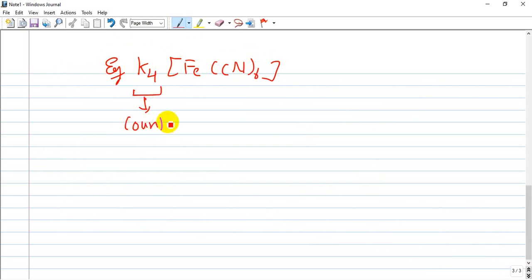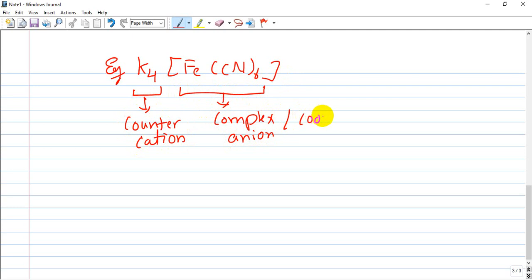Let's look at one example: K4[Fe(CN)6]. In this case, potassium behaves as the counter cation and [Fe(CN)6] behaves as the complex anion. We also call it the coordination sphere.